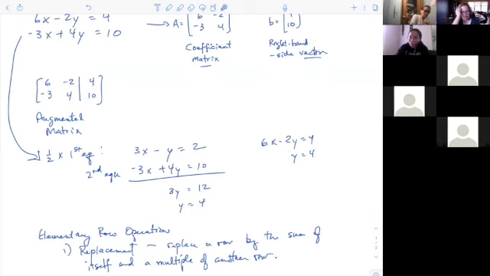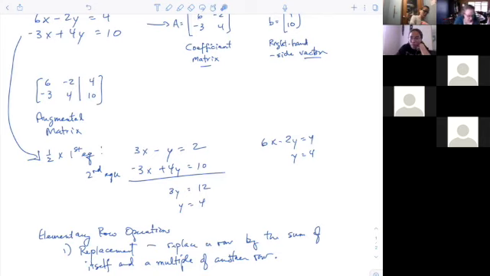We didn't actually change the first row. We just multiplied it by a half in our head and added it to the second row. The second row got replaced by the result, which is y equals 4. So now our system looks like this. The first equation is still the same, the second one is now this, and now we can substitute back in and figure out what x is.